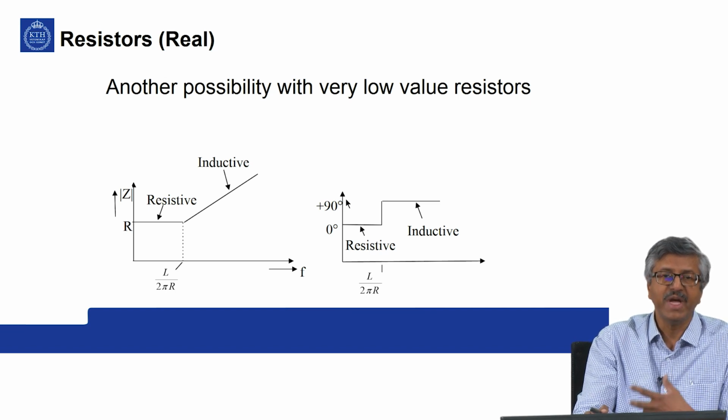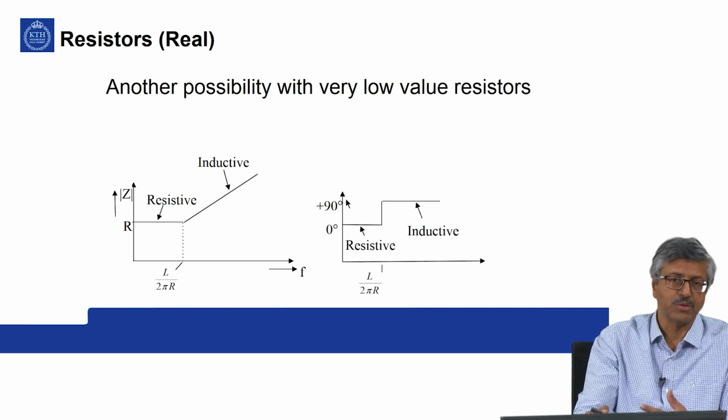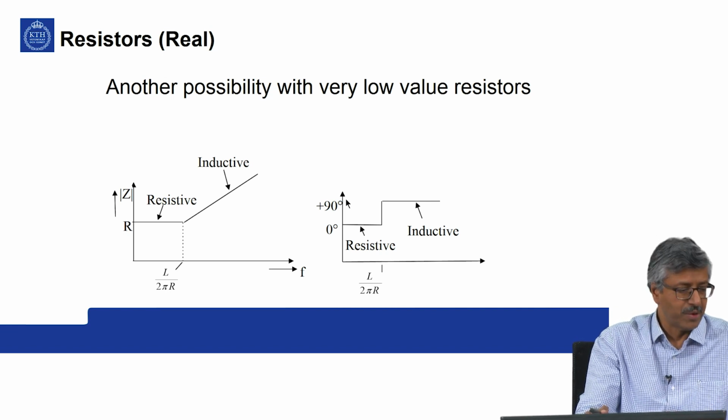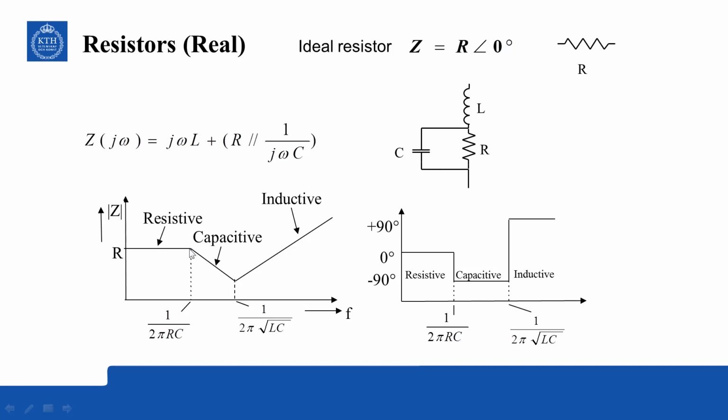Whereas if you have very high value resistors, say thousands of ohms, then parasitic capacitance becomes more problematic. So then the Bode plot will be something like this. From resistance it will go into capacitive. So depending upon the application area, depending upon the low value or high value of the resistor, one of these two Bode plots will be more appropriate to apply.